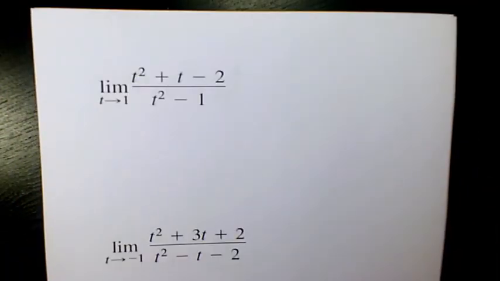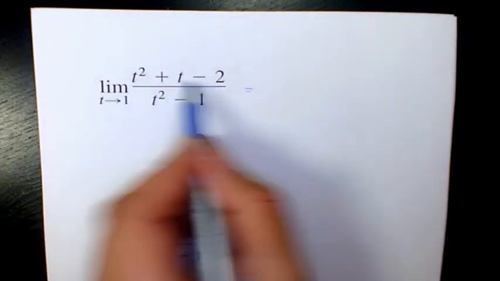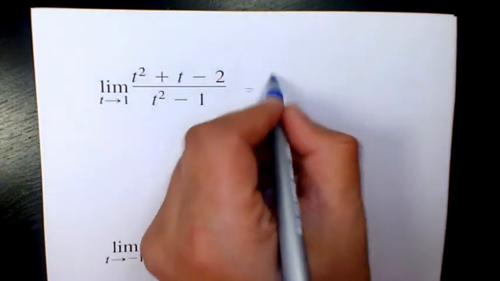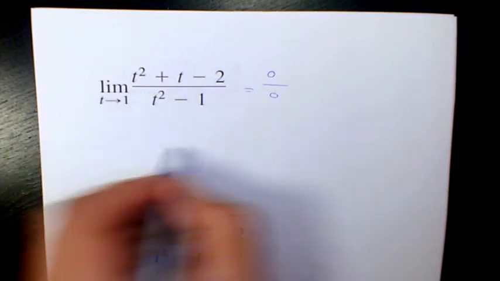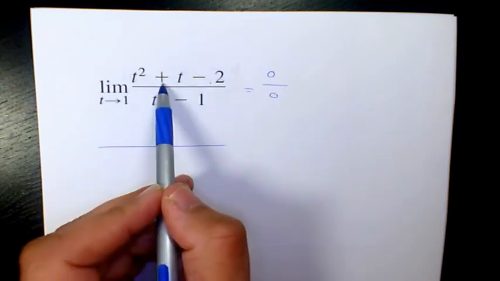Next example. Limit of t squared plus t minus 2 divided by t squared minus 1 when t approaches 1. So that's going to be 1 plus 1 minus 2, 0 divided by 0. Let's factor it. Numerator, we need two numbers multiplied to negative 2 and add to plus 1.